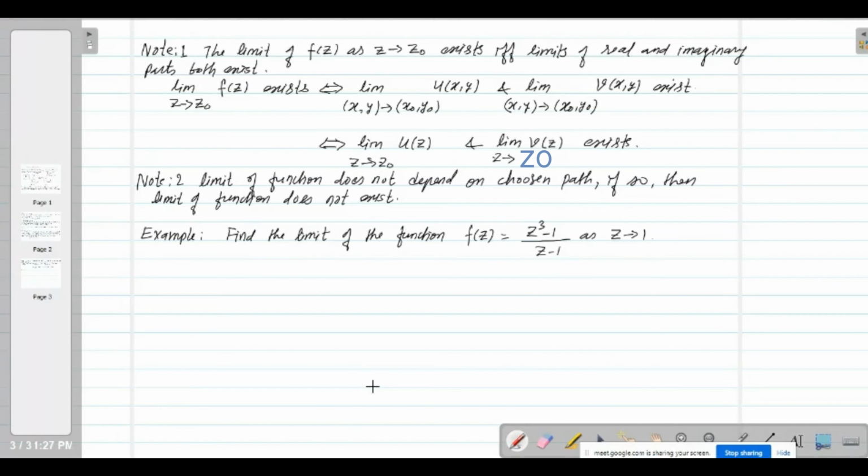You have to find the limit of this function. Let us see the solution for this.